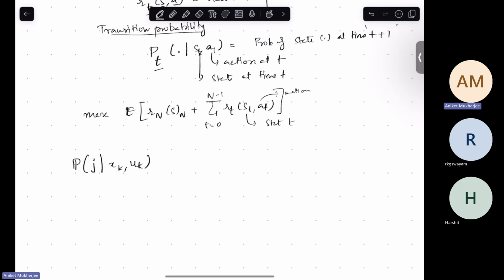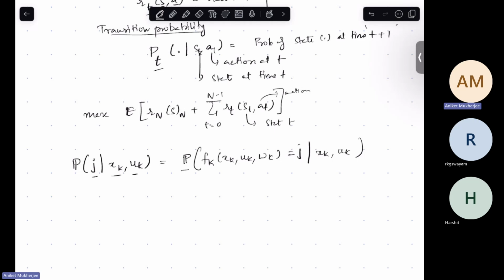Switching between both of these, the probability of the next state being j, given that your current state is xk and your action is uk, is equal to the probability that fk(xk, uk, wk) is equal to j, conditioned on xk and uk. These both are the same thing.